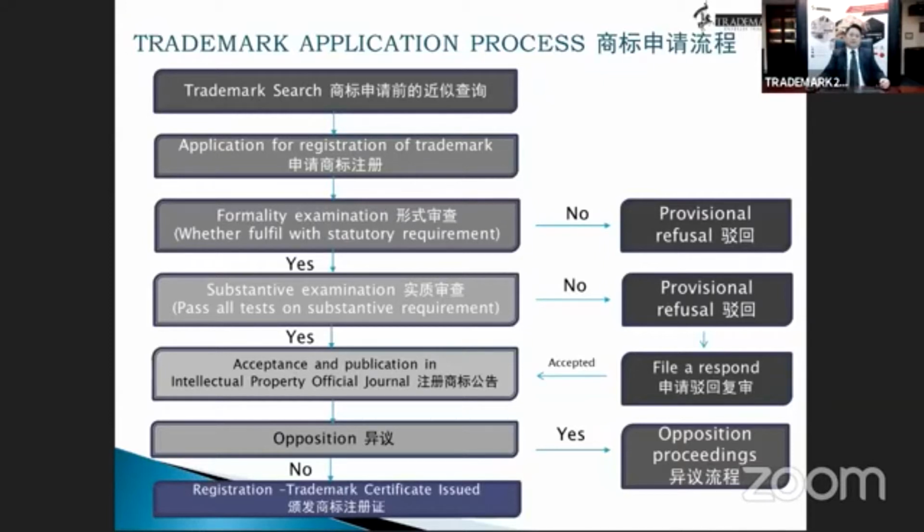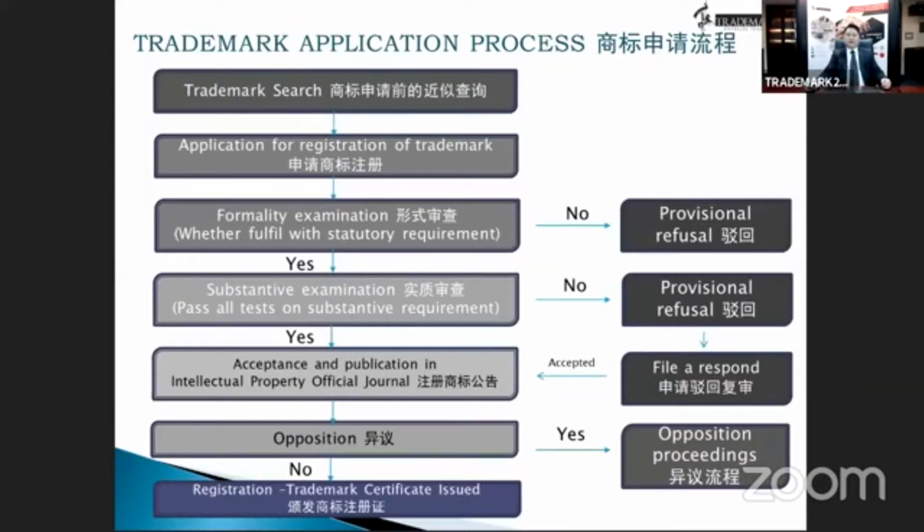During the substantive examination, we will check thoroughly on everything, from every requirement under the trademark law, not just similar or identical trademarks. We even check to the extent of whether the trademark offends any laws.